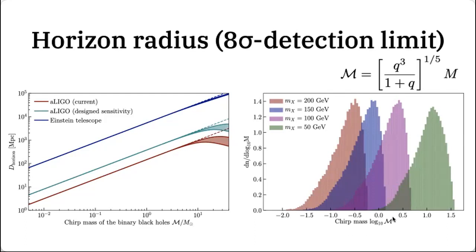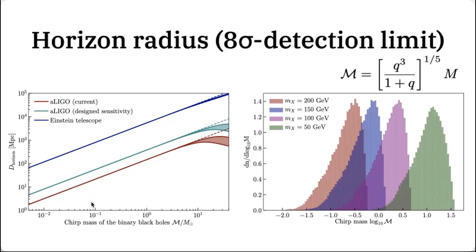So what I can also plot is the distribution of chirp mass as a function of the number density of chirp mass. And then I can also translate that into the horizon distance of detecting those black holes, right? If you focus on the 10% of solar mass black hole using advanced LIGO, as I said, you can go to about 10 megaparsec, which is about the distance of the Virgo cluster.